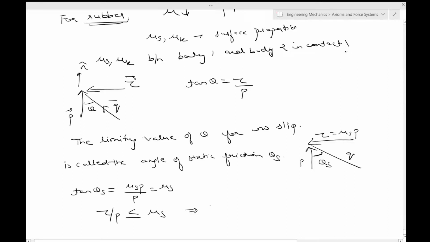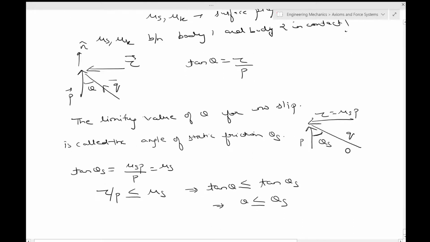This implies that tan theta will be smaller than tan of theta s, and this implies if you are between 0 and 90 degrees, definitely theta is smaller than theta s. So this is something which one should keep in mind, that theta has to be smaller than theta s.